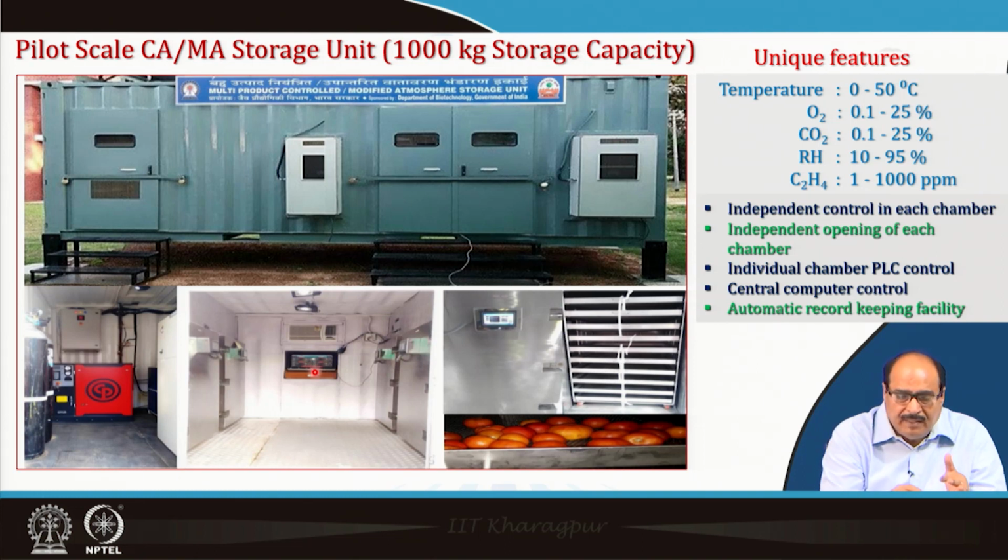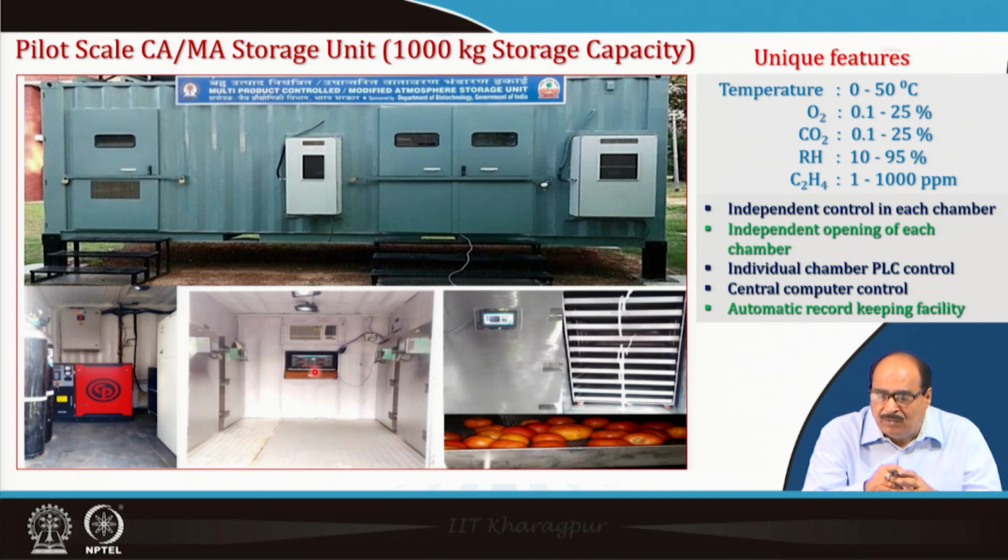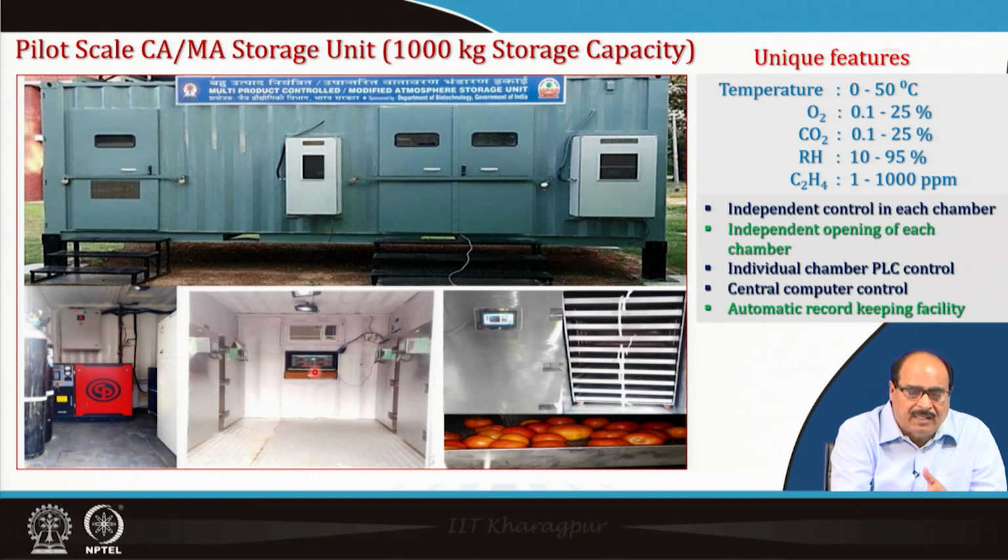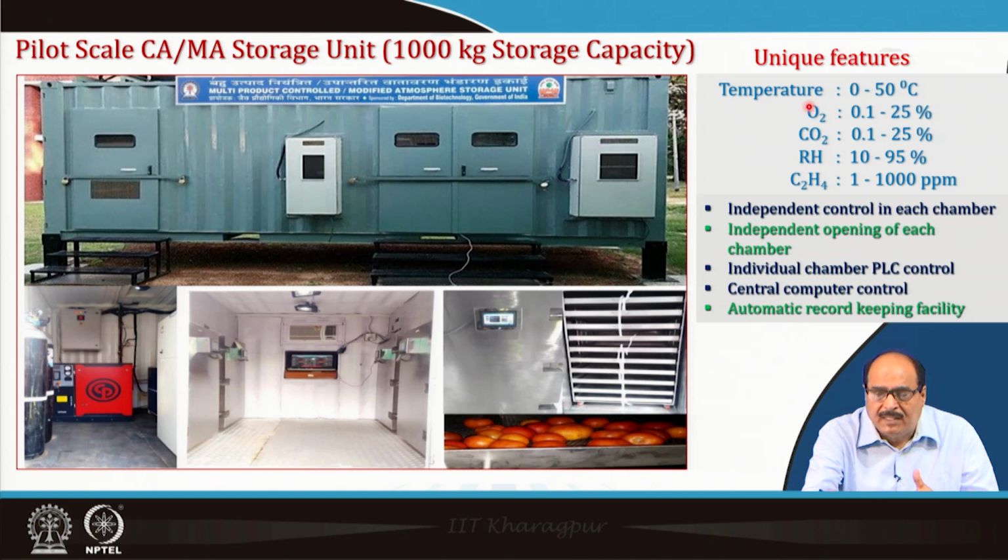Individual chambers are PLC controlled, as well as central PLC control is there, and there is also automatic record keeping in this computer. The features are that temperature from 0 to 50 degrees Celsius can be controlled in any range, oxygen from 0.1 to 25%, CO2 from 0.1 to 25%, relative humidity from 10 to 95%, and ethylene from 1 to 1000 ppm.